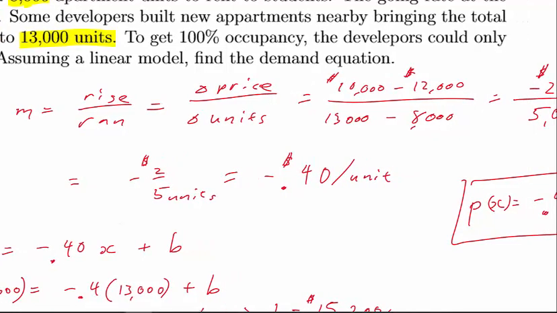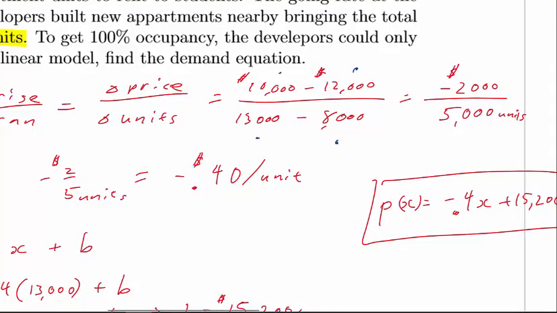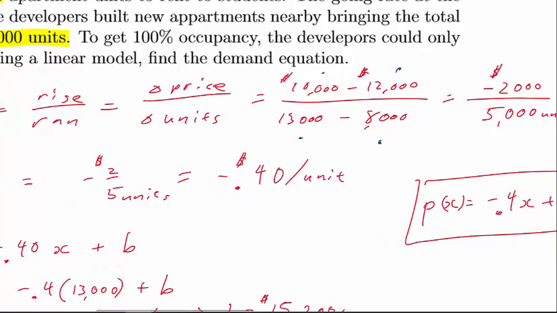These triangles simply stand for delta. Delta is change in. So we go from $12,000 to $10,000, and then 8,000 up to 13,000 units. You run through the math, and you find that the slope is negative 40 cents per additional unit added.